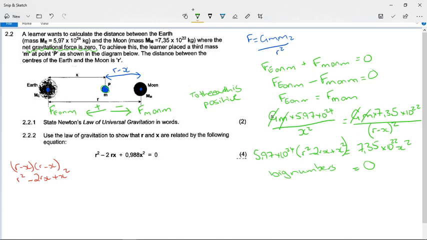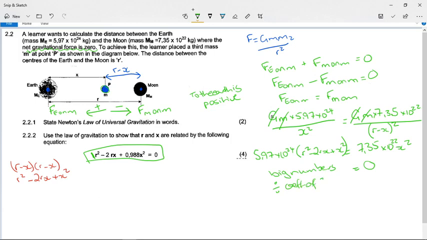And then what you do is you divide through. Can you see this equation here? Okay, this equation here has got the R squared has got a coefficient of 1. So whatever the coefficient of R squared ends up being, it's this 5,97 times 10 to the 24. You divide all of the big numbers through, you divide them through by the coefficient of R squared.